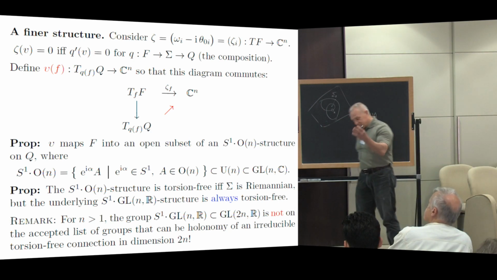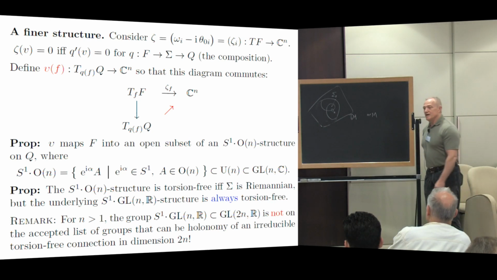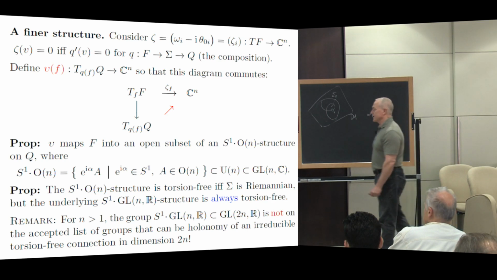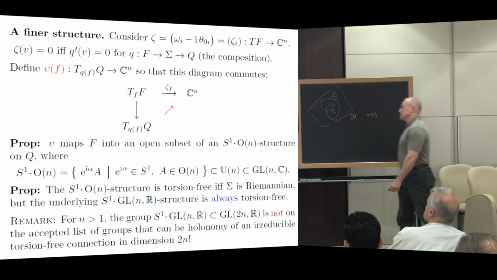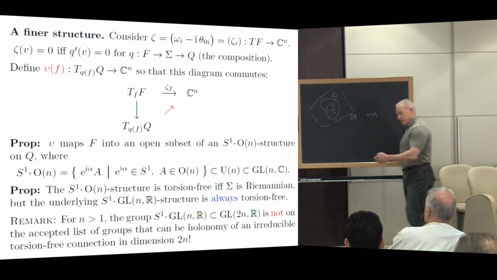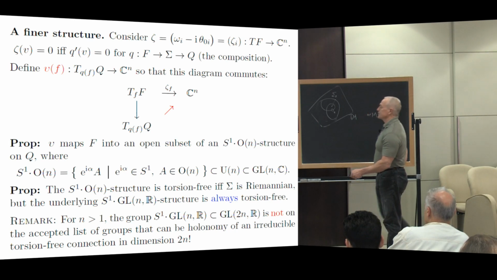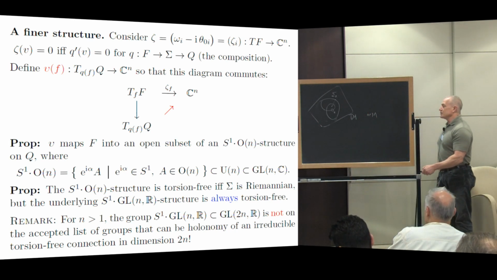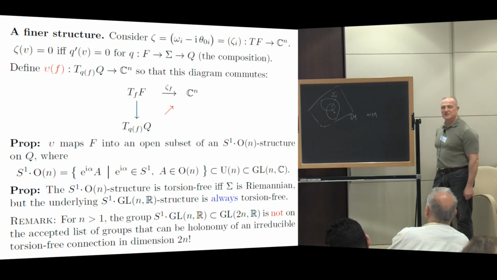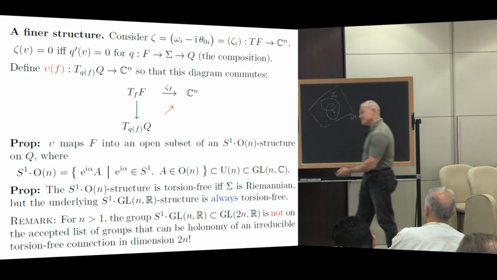That is, there's a classification by Merkulov and Schwachhöfer, a list of all the possible affine holonomy groups that can be torsion-free. It turns out this one's not on the list, and so when I was doing the calculations and got to this point, I said, "Oh, these things are all going to be reducible somehow, because the Schwachhöfer list says that they can't be irreducible."